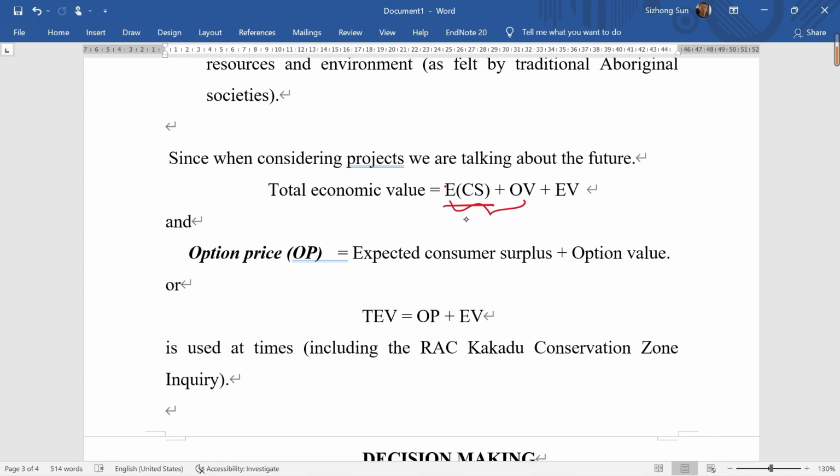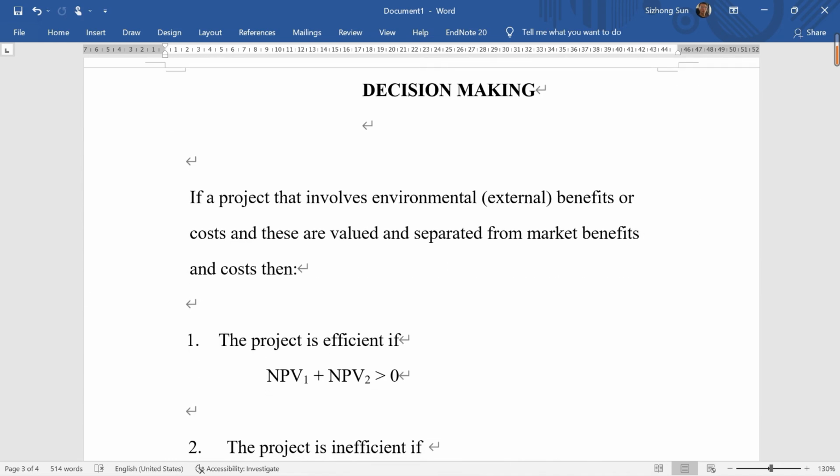We call this option price. So total economic value is option price plus existence values.